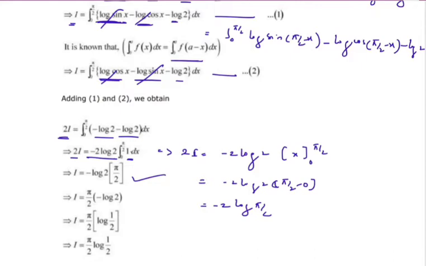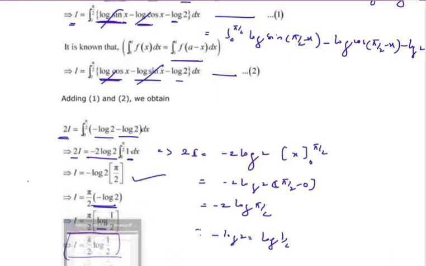Therefore pi by 2 as it is, times minus log 2, which is equal to log 1 by 2. So minus log 2 can be written as log 1 by 2. Therefore finally the I value is equal to pi by 2 into log 1 by 2. Got it?